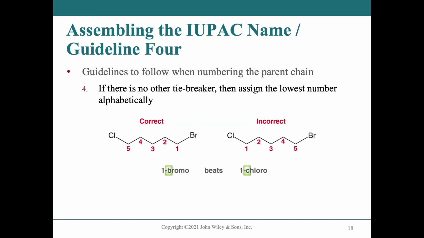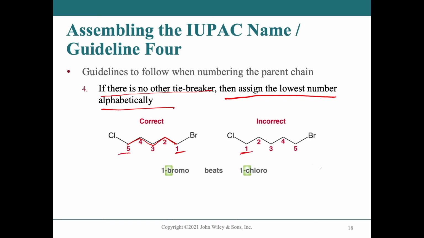So now, if there's no other tiebreaker, like you can't do the tiebreaker based on what number carbon it's at, then you assign the lowest number alphabetically. And I've said that before in class, right? So here we have a pentane, 1, 2, 3, 4, 5. On one of them, the bromine is on carbon 1, and the chlorine is on the fifth carbon.